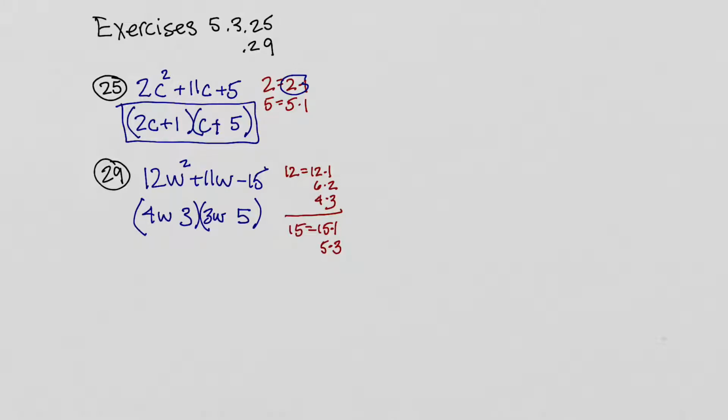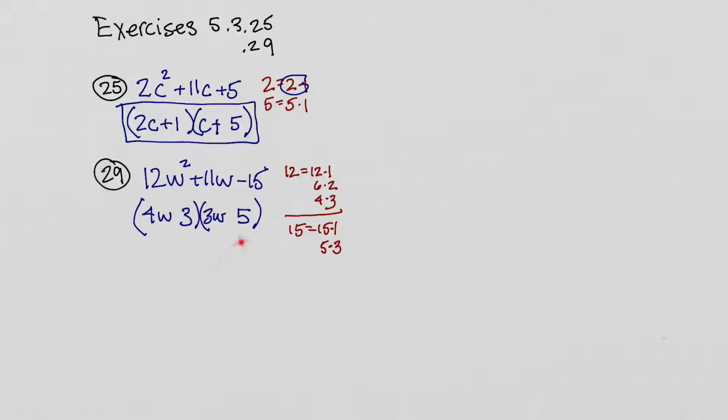Let's just check if this could possibly work. There's our 12W squared. There's our 15. Let's check to see if we can get the 11. Here's 20. Here's 9. 20 and 9, I can get an 11 if I get the signs right. This 15 is negative. So these two numbers have opposite signs. I'll put that middle plus sign with the bigger product.